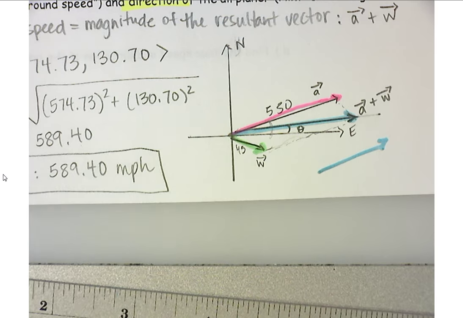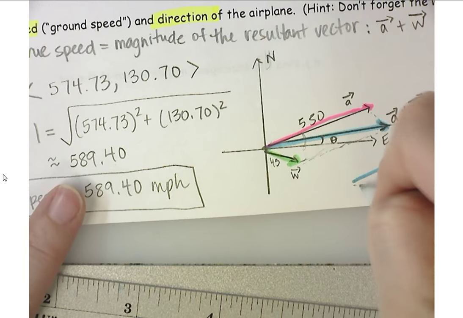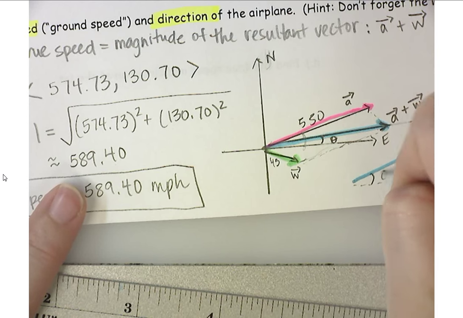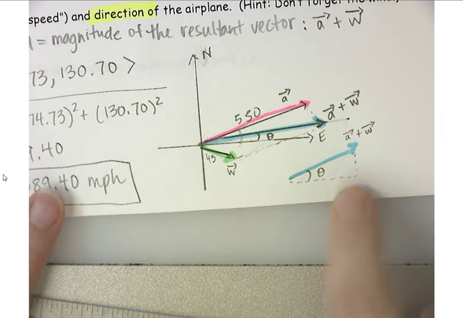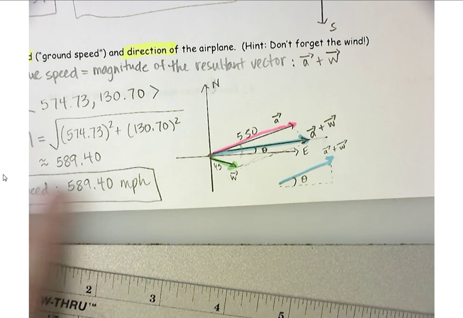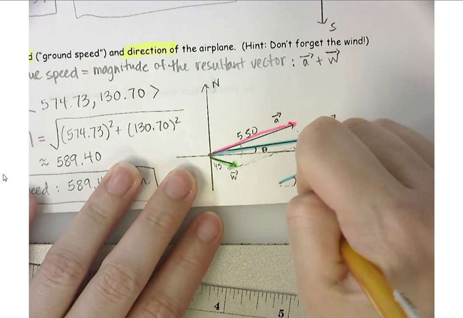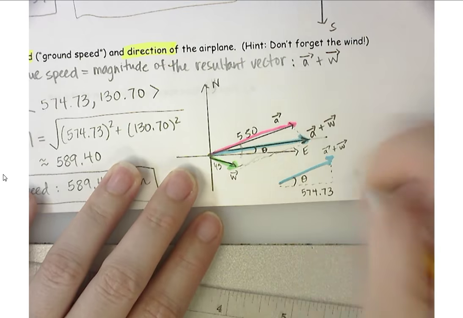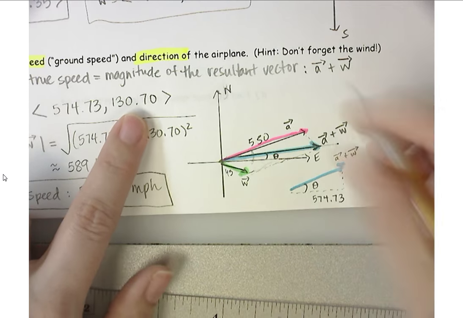This is your A plus W, and what we have is theta, and A plus W has the horizontal component and the vertical component. The horizontal component was the 574.73 that we found in our vector. The vertical component is the 130.70.